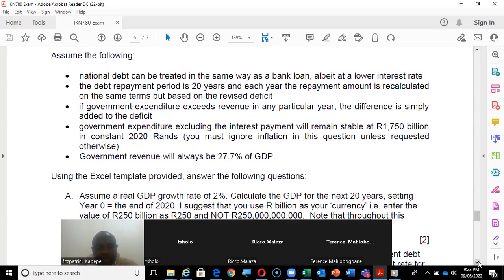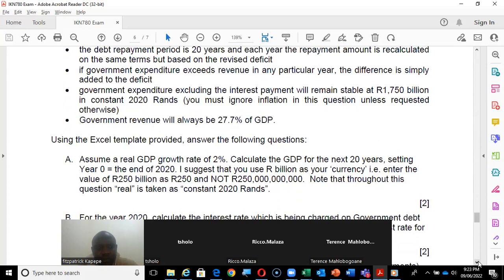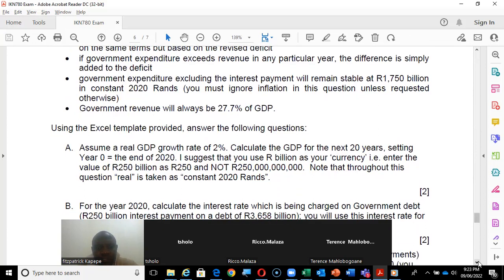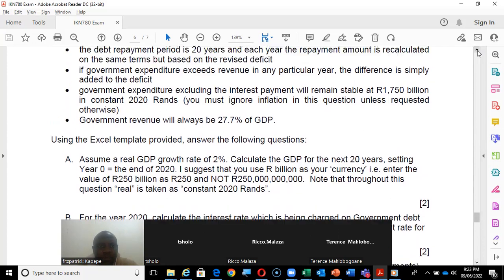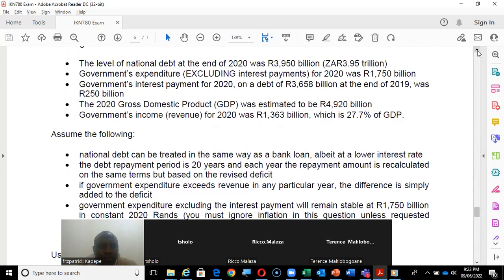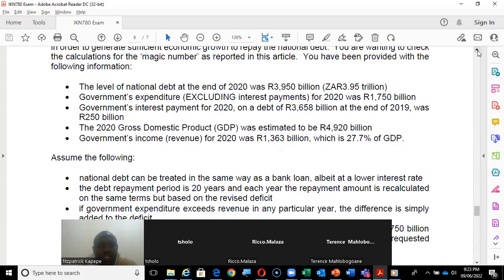So we're not going to use the 3,658 billion. I'm looking at point number 3, where we took the interest payment of 250 billion.